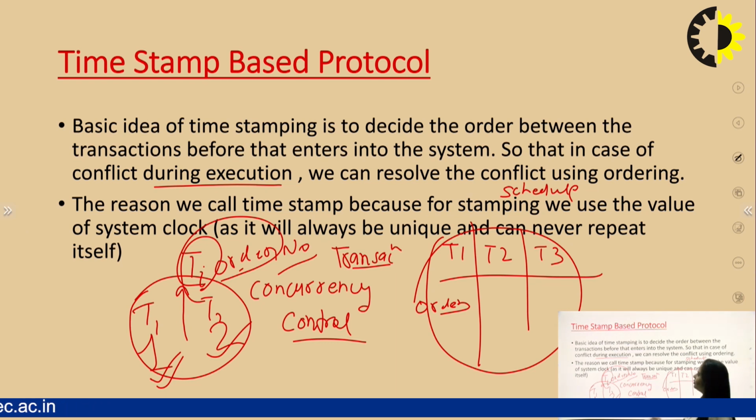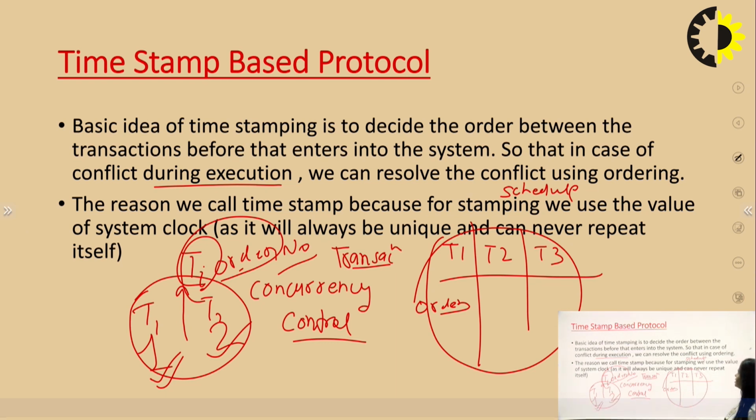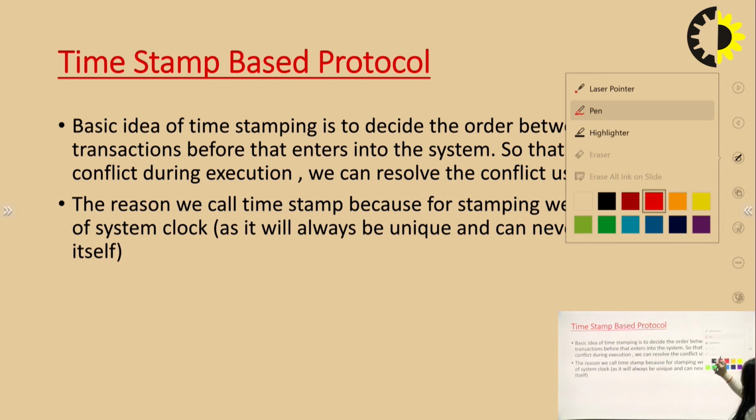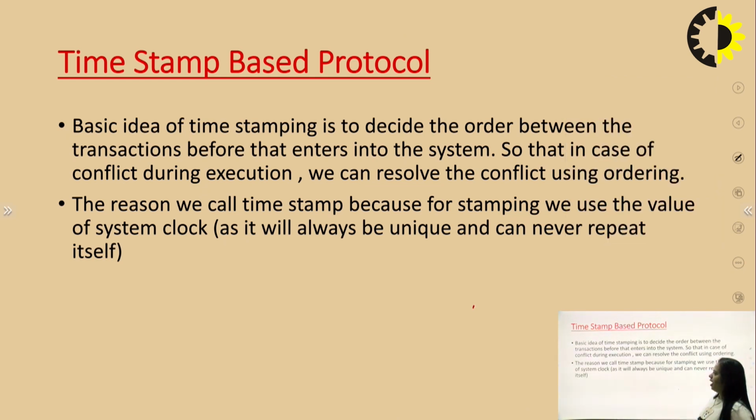Next, the reason we call it a timestamp is that for stamping we use the value of the system clock. Whenever a transaction comes into the system, we assign a number to it, called the stamp of the transaction. Why timestamp? Suppose we used a number for the stamp; then we would have to keep a counter in memory that increments every time a new transaction comes into the system.